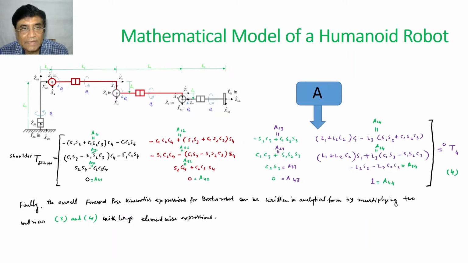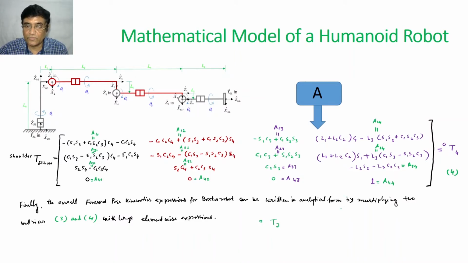We are doing that because ultimately we will have to calculate this one, right? The transformation matrix of 7 with respect to 0. Okay, that means wrist with respect to the base or the shoulder.